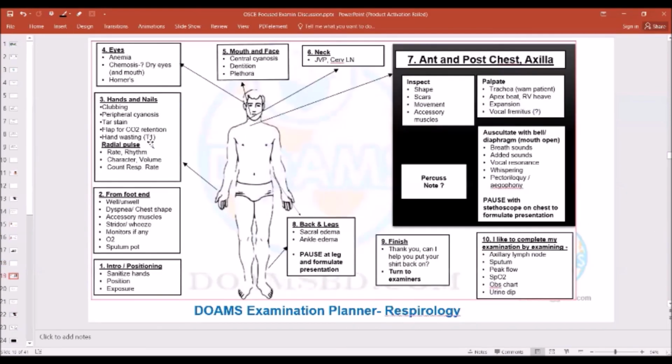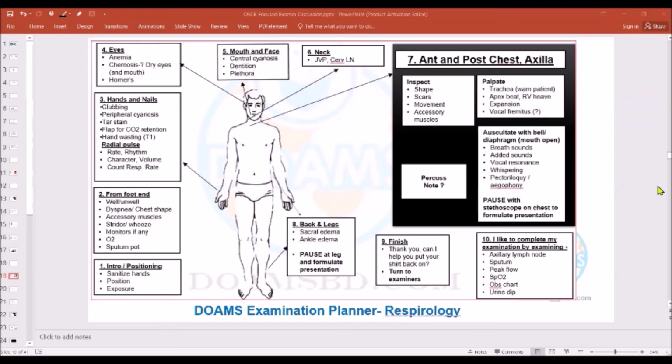It may be a plan starting from introduction up to the legs. You see 1, 2, 3, 4, 5, 6, 7. 7 is the chest. And 8, 9, 10. So the whole list can be given, but not everything is important for your focused examination plan.